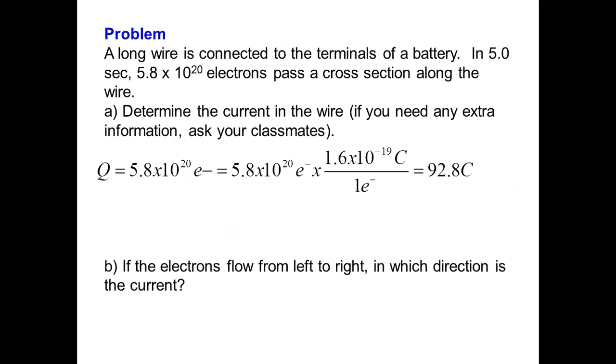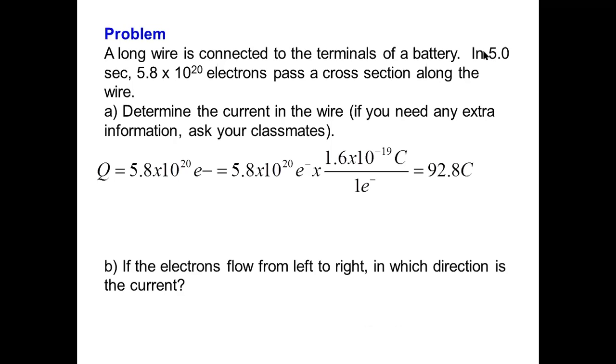Okay, this is also a simple problem. A long wire is connected to the terminals of a battery and in 5.0 seconds, 5.8 exponent 20 electrons pass across a section along the wire. We know that Q equals Ne.